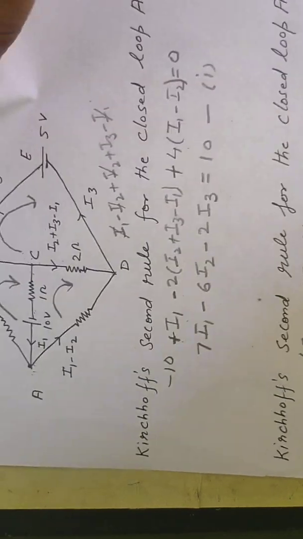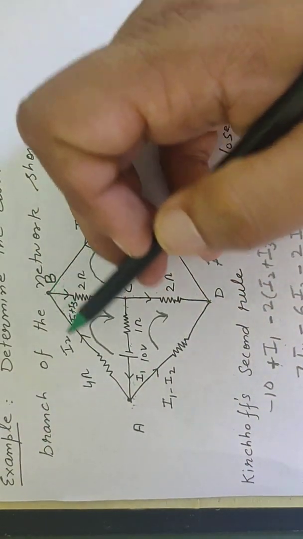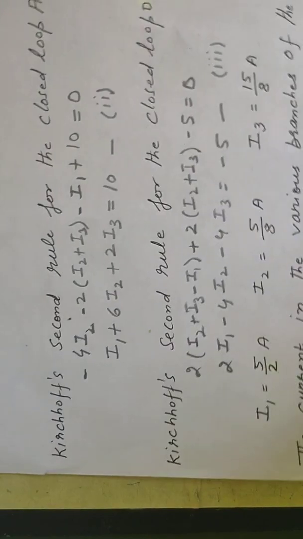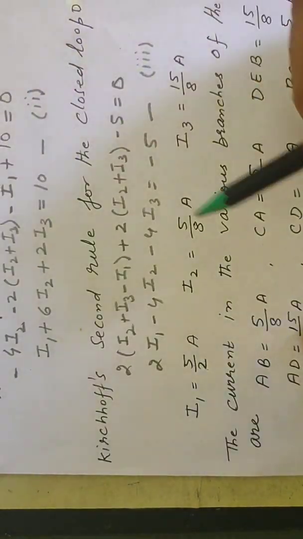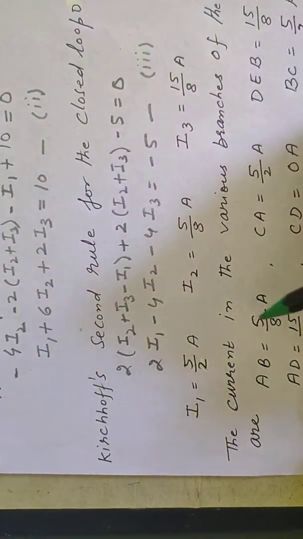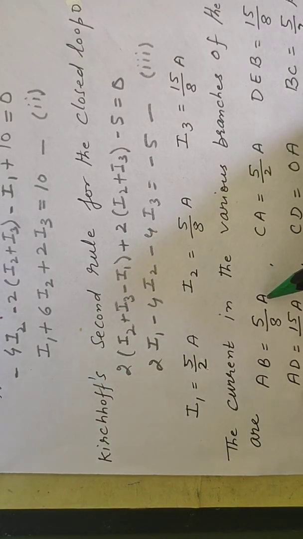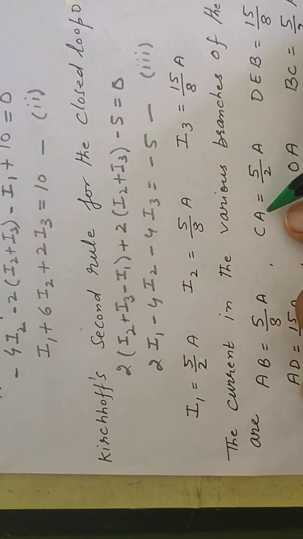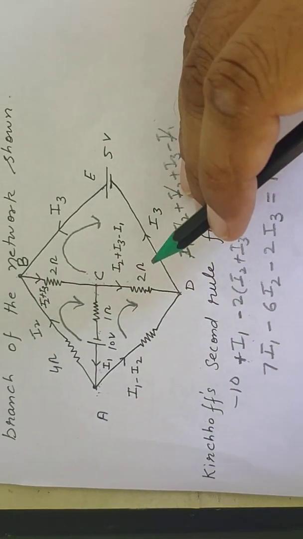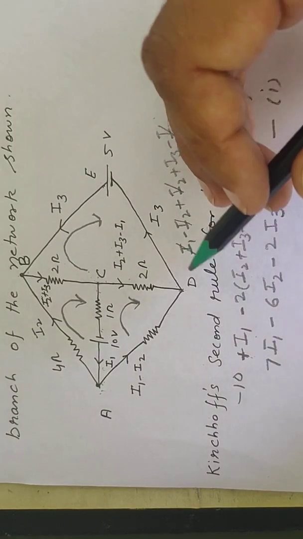Now here you see in branch AB current flowing is I2. So here we have I2 is 5 by 8 ampere. So it means 5 by 8 ampere is flowing through this branch. Now we find the current in branch CA.